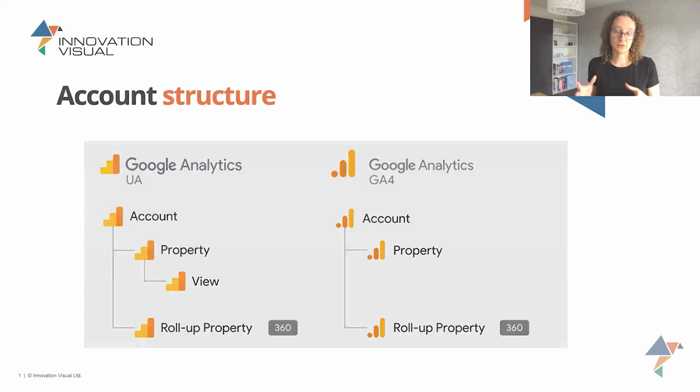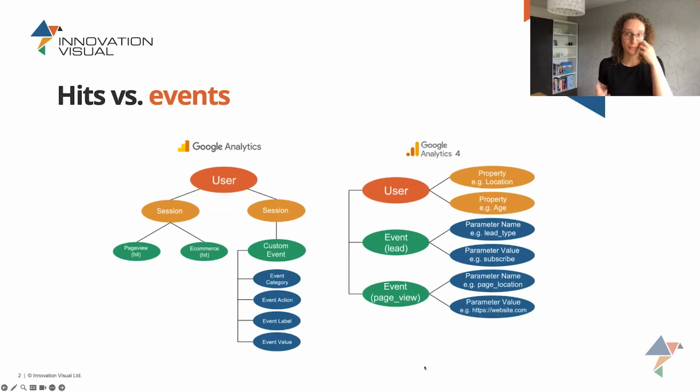Okay, so now the biggest difference between the two is hits versus events. Universal Analytics uses hits, so it sends a hit that will belong to each user and then each session. Every time something happens on your website, Universal Analytics will send a hit.